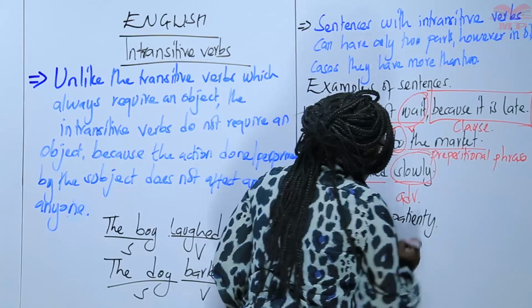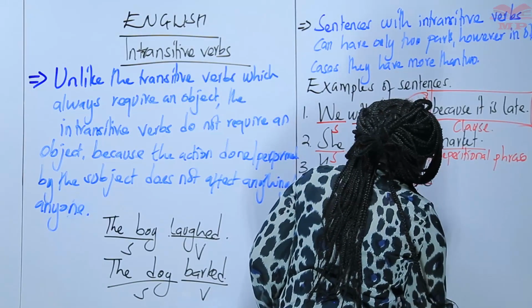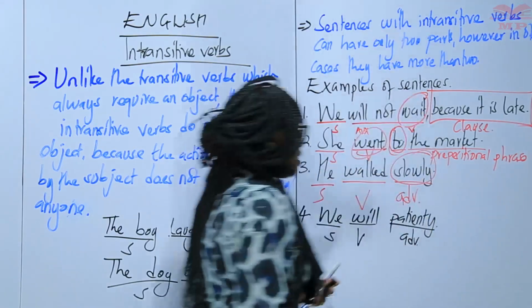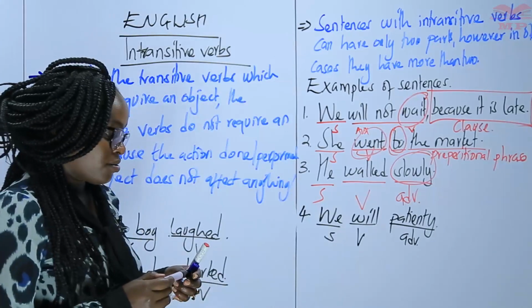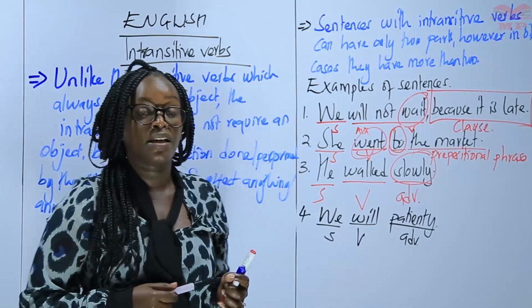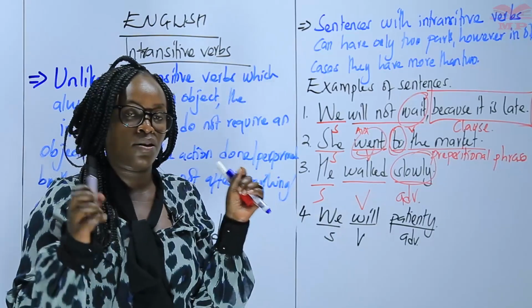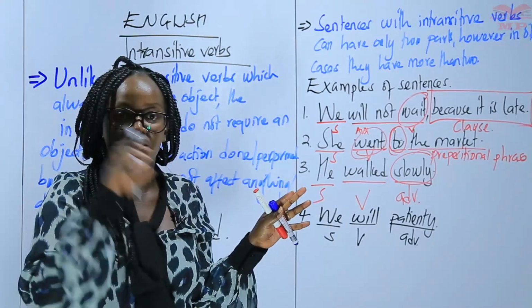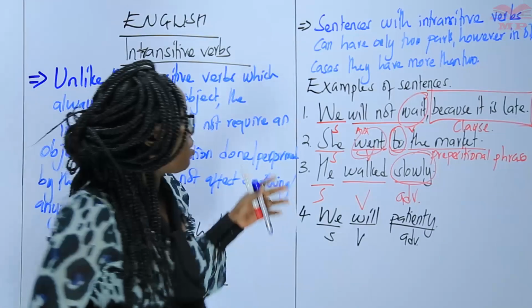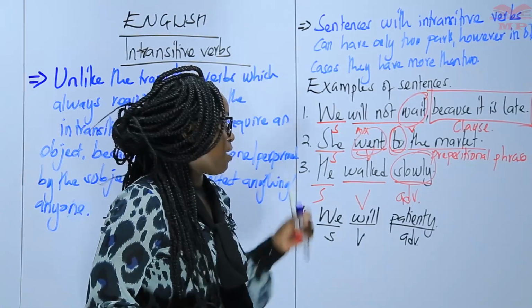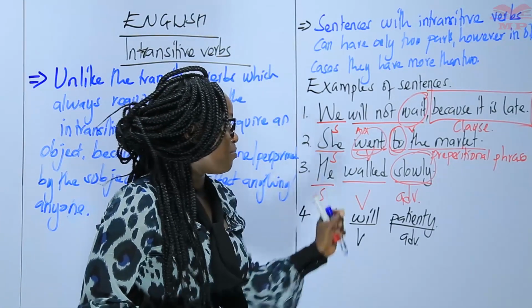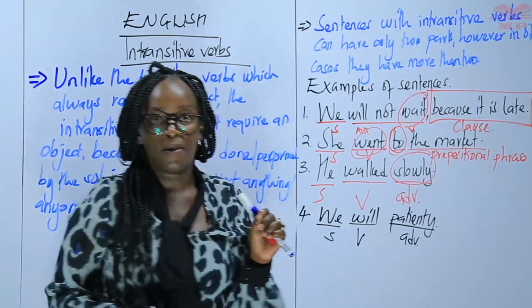So this is the verb. Then patiently, of course, is an adverb. As you've seen, the intransitive verbs mostly are followed by other things which are actually not objects. We've said they can be followed by a clause, a prepositional phrase, an adverbial phrase, or just an adverb.